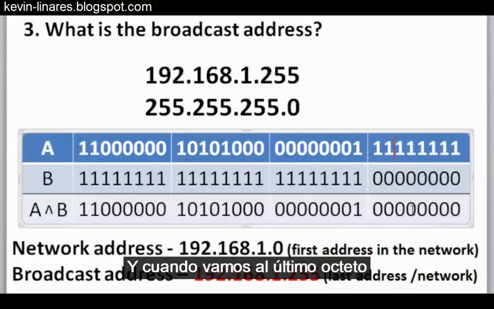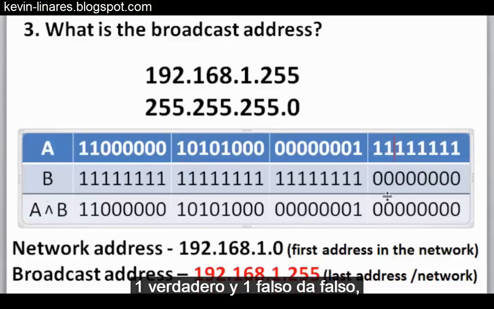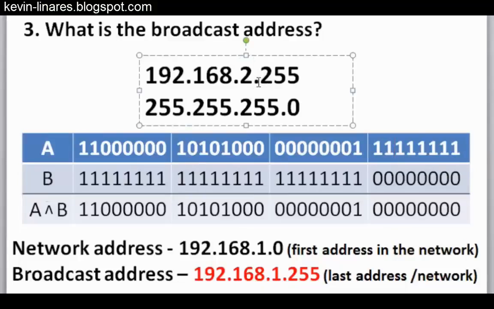And when we get to the last octet, a true and a false is a false, a true and a false is a false, and you can see that the ending result of network address is still 192.168.1.0.